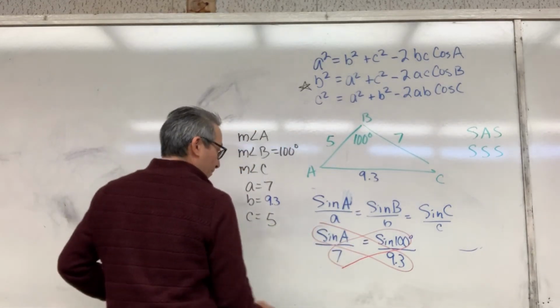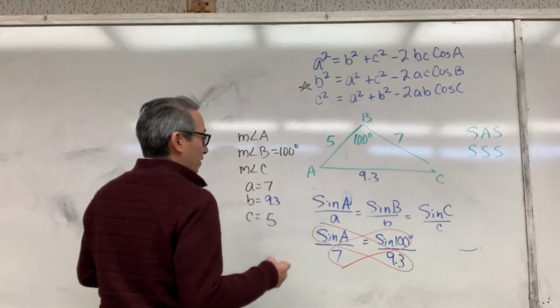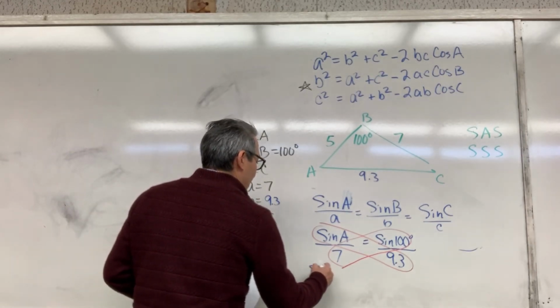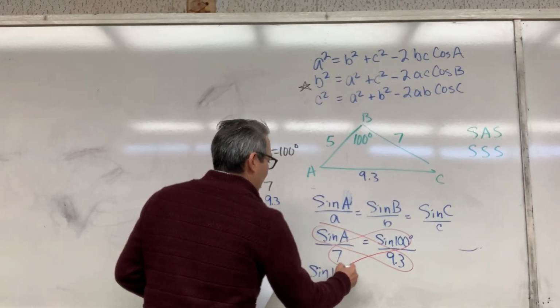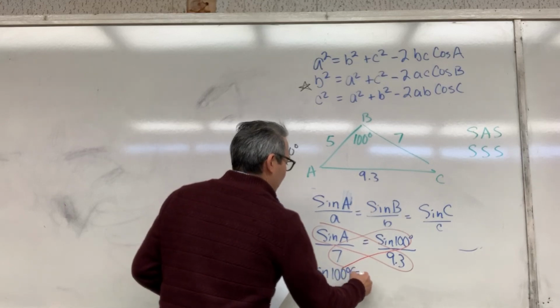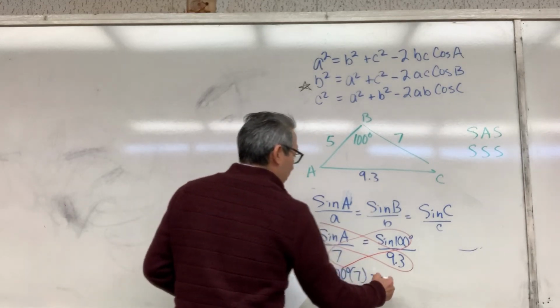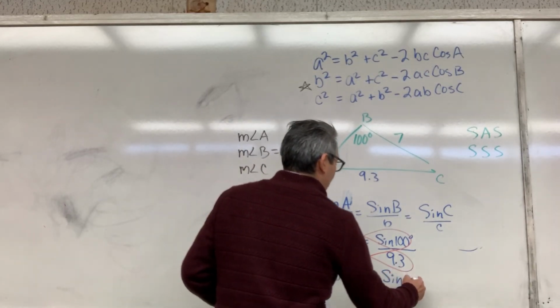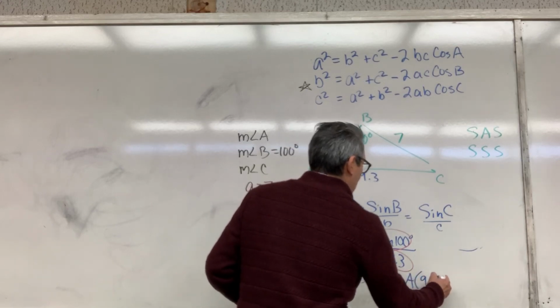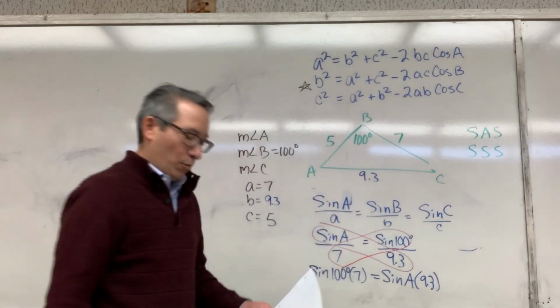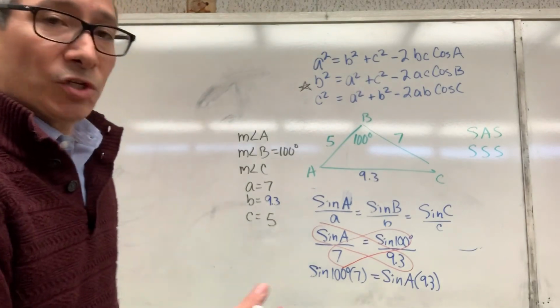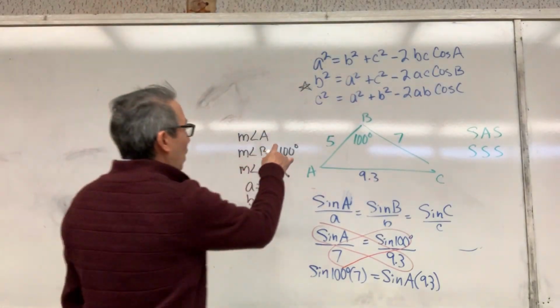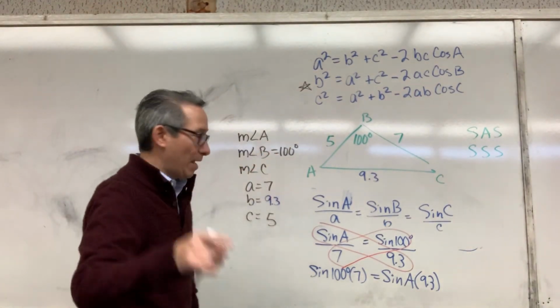So we're going to say sine 100 degrees times 7 is equal to sine A times 9.3. Okay? We're using the law of sines here to achieve our goal, solving for the rest of the angles.